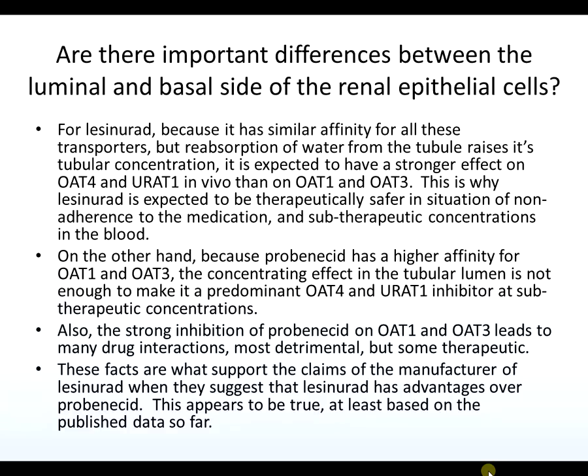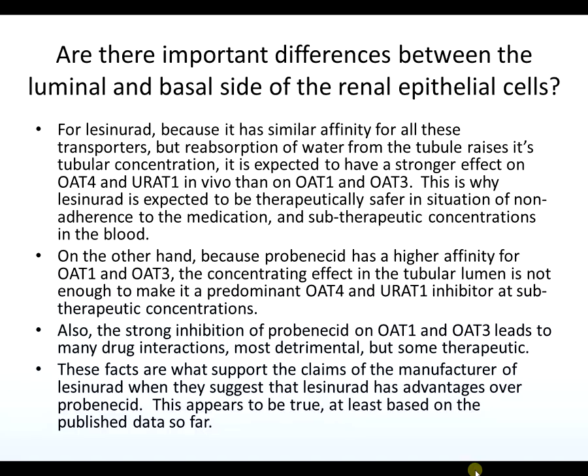Okay, so one final point about that, and it's not an insignificant point, it's quite relevant. Probenecid, because it does have such a high affinity for OAT1 and OAT3, but a much lower affinity for OAT4 and Urate 1, means we have to give a higher dose.